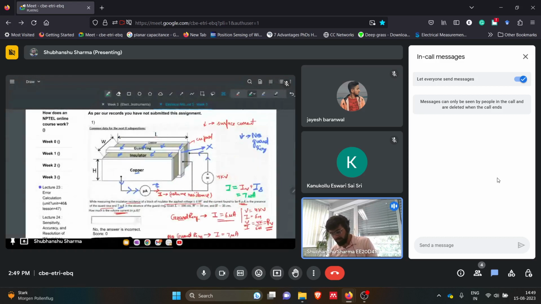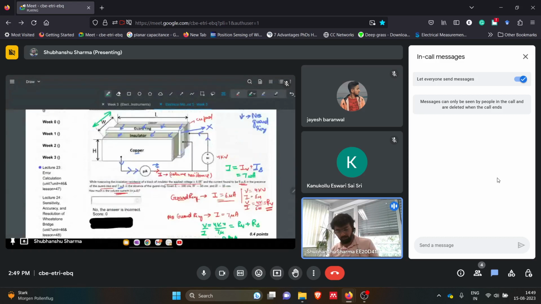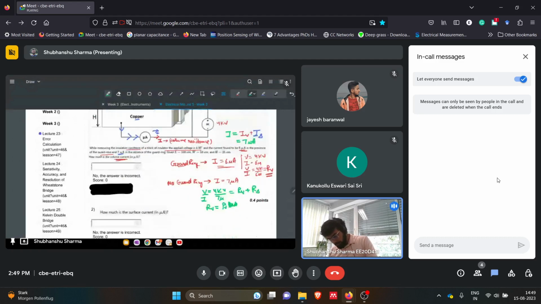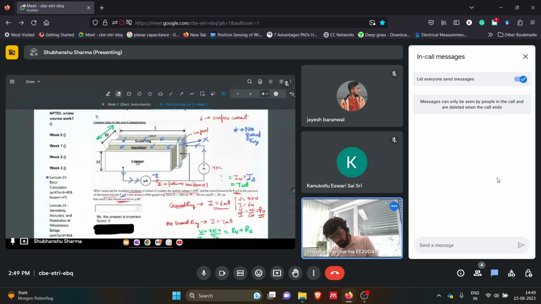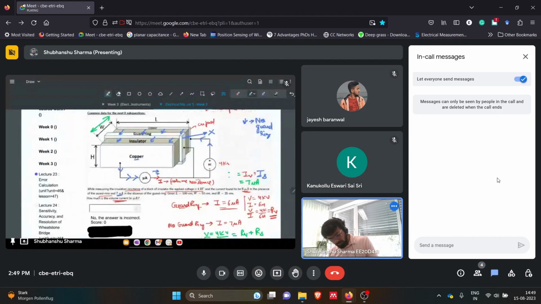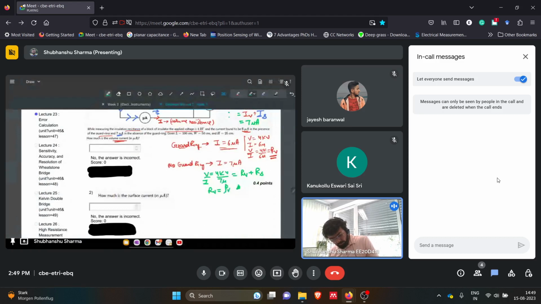This is the length of the insulator, so this is W. So this is rho V, this is W, and this is the area of cross section. I will write it in red, since I have mentioned everything in red for this. So RV equals rho V W over the area, which is L into H.